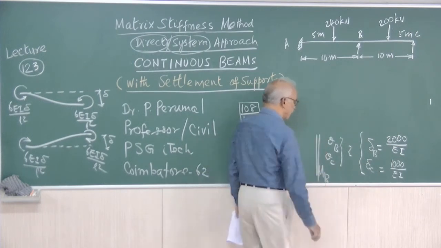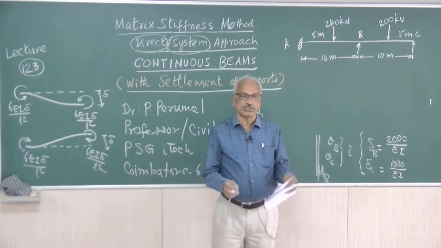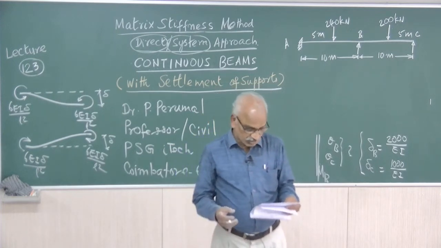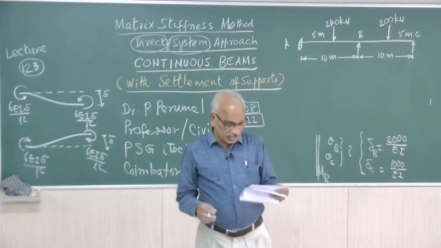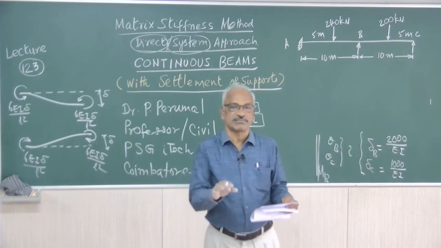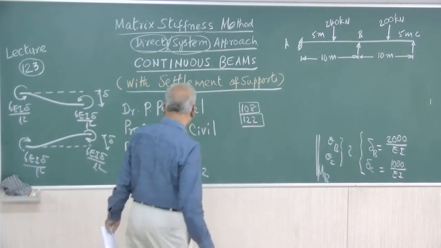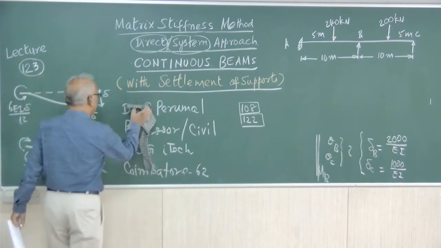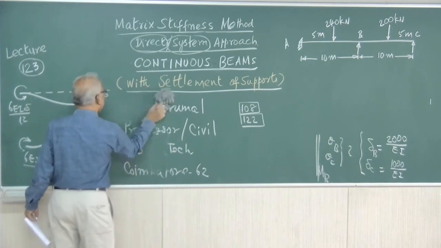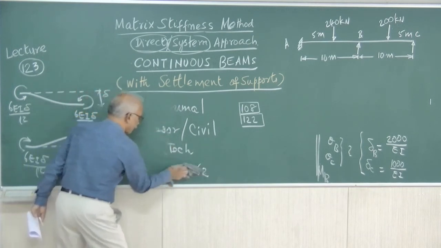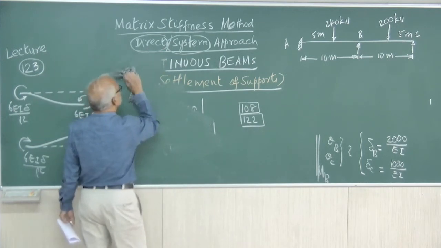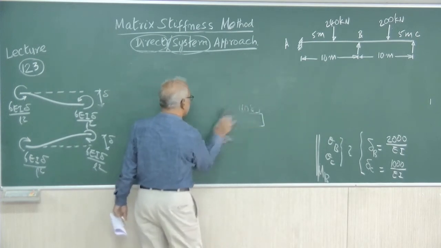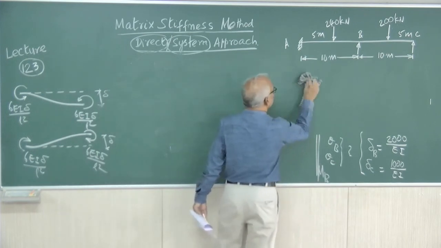You have to analyze the beam and find the values of theta B and theta C in terms of EI, since EI is not given in the problem, and also find the moment at B using the direct stiffness method of analysis. So that's about the problem.